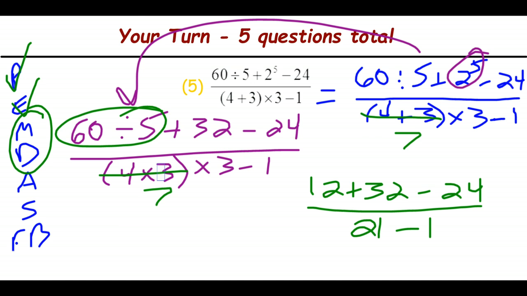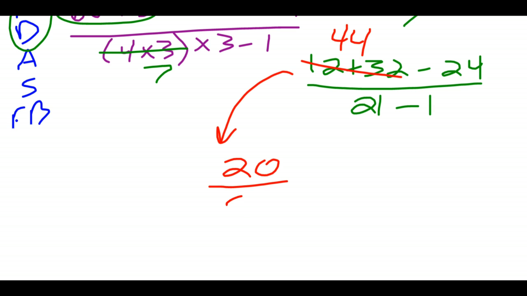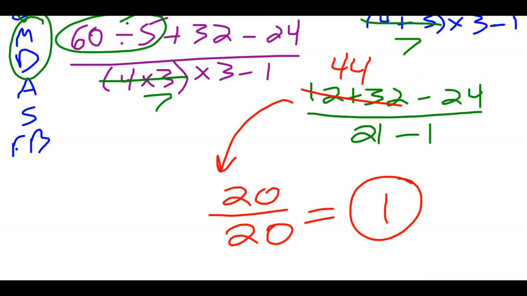And then finally looking at the addition and subtraction that will take us through to the rest of this. 12 plus 32 is 44. And 44 minus 24 is 20. So the numerator becomes 20. The denominator, 21 minus 1 is 20. This entire thing ends up as 1. So the answer to number 5 is 1.